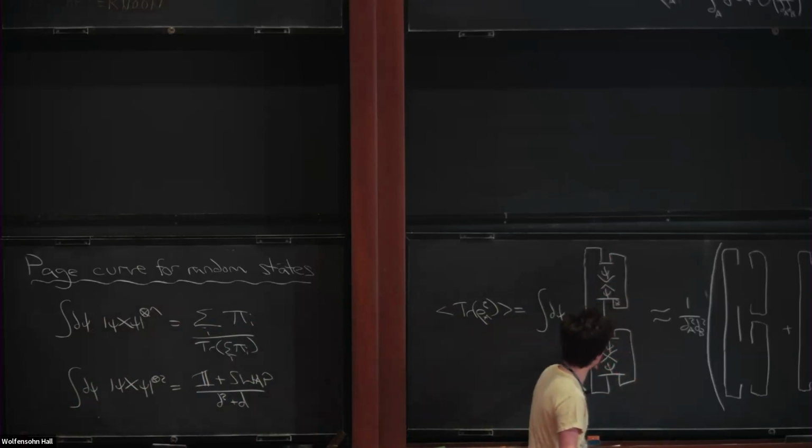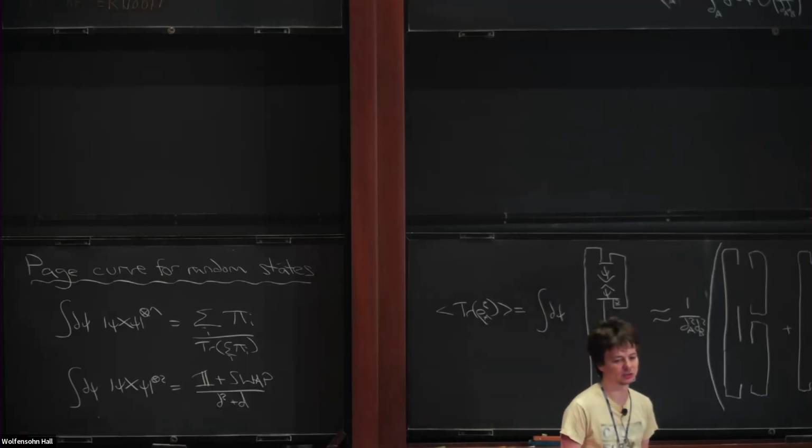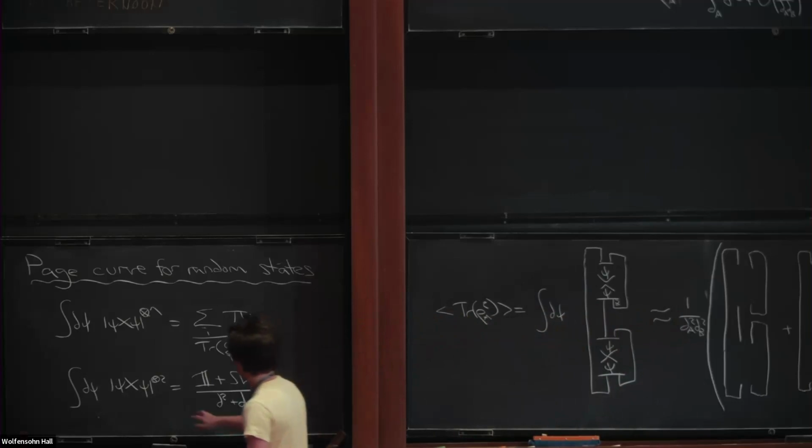We take two copies of that, multiply them together, and then take a trace over rho_A. Graphically, it's described in this way: an integral over psi of some simple tensor-network-like diagram. Now let's plug in this formula here.